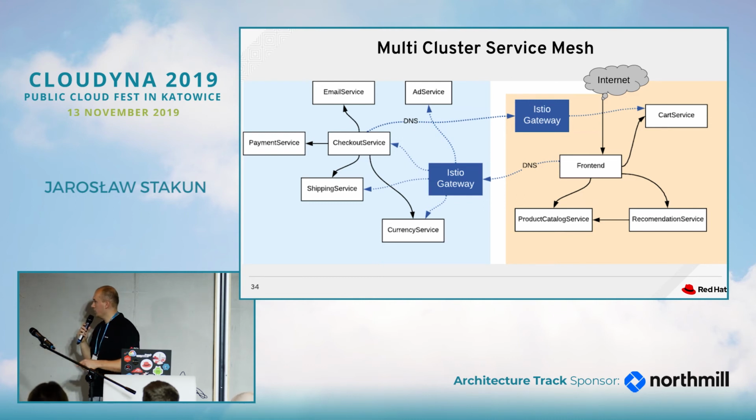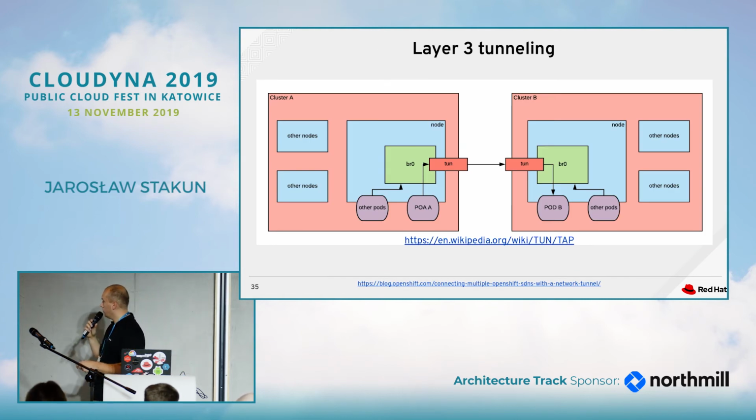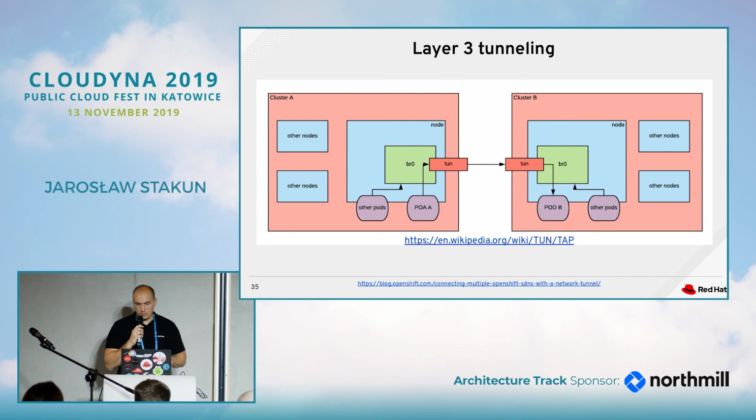In multi-cloud, typically you will not be able to have the same network. However, sometimes, especially in a hybrid cloud approach, you might be able to do that. This will require some low-level configuration of the tunnels. In case of OpenShift, this can be done on the operating system level.